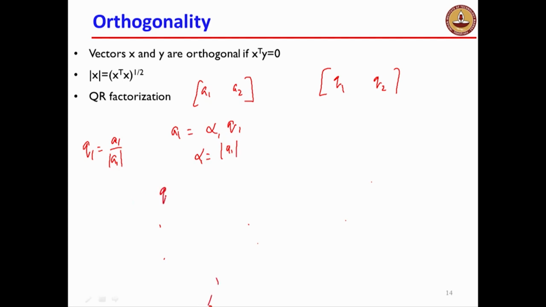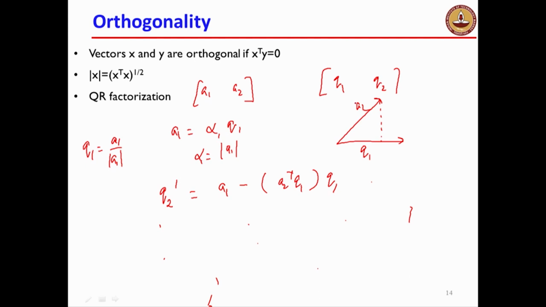Let me define Q2 prime as A2 minus the component of A2 along Q1. Sorry, this is A2 and this is Q1. Q1 is a unit vector. So what is the component of A2 along Q1? It is A2 transpose Q1 times Q1.